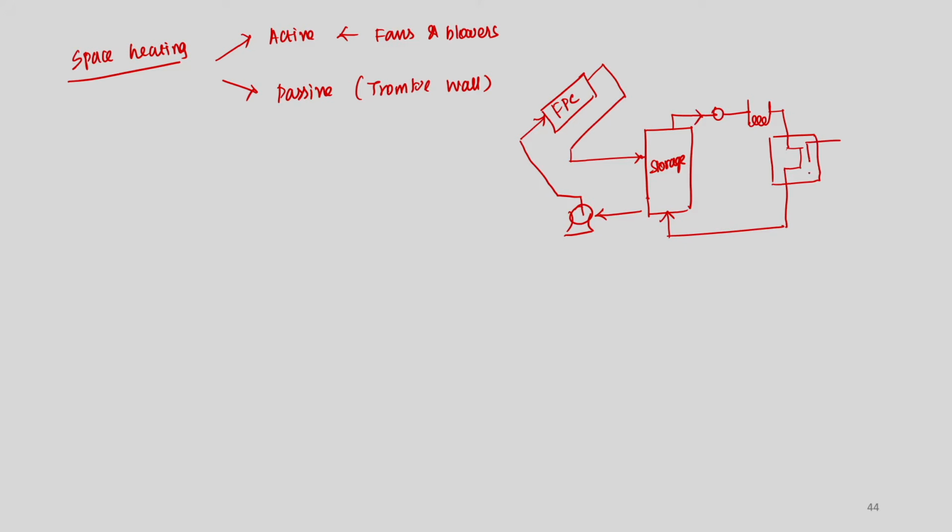Here you can send your cold air and take it out as hot air. This is your auxiliary heater if the temperature is not high enough. In that way space heating can be done.